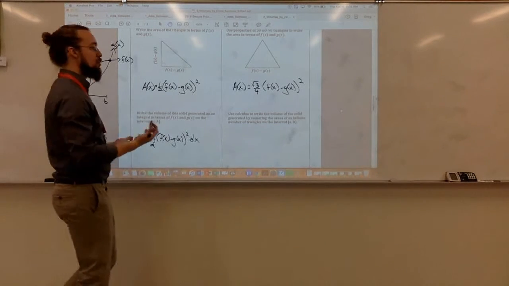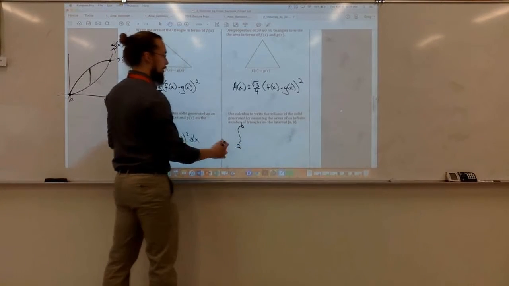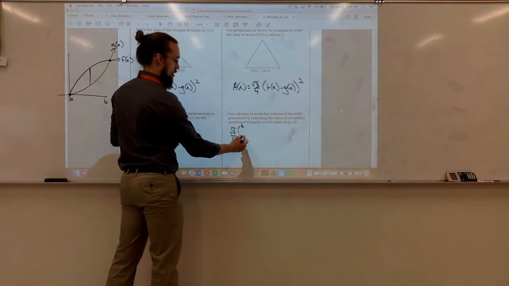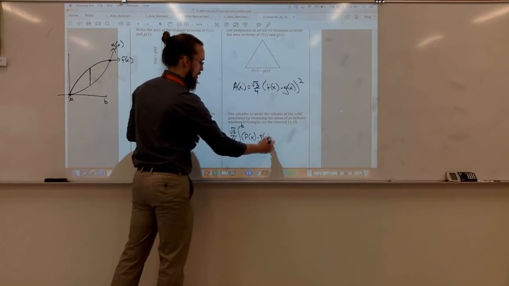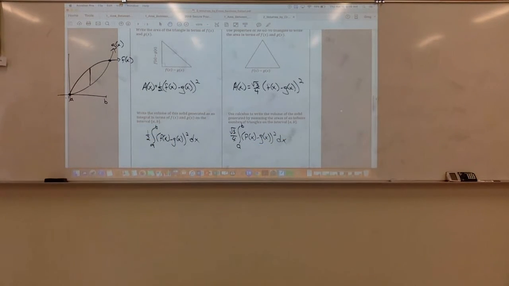And again, to turn this into a volume formula, we would just take the integral of that. So I can pull square root of 3 over 4 out front times f of x minus g of x squared dx. Questions so far?